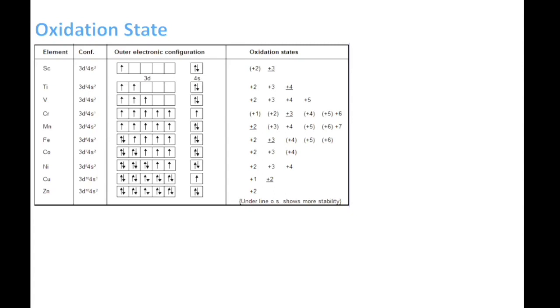Now we have to discuss the different oxidation states of the metals. The different states of a metal are due to different numbers of electrons participating to form different types of bonds like ionic, covalent and coordinate.